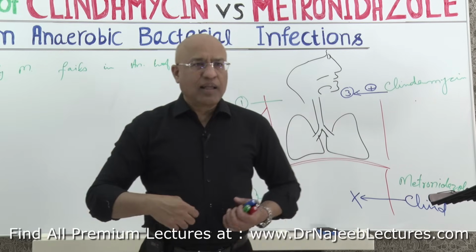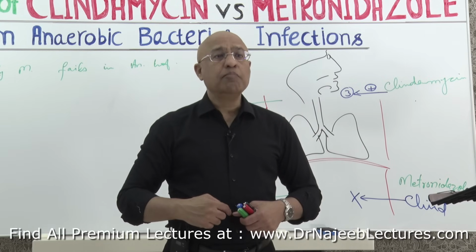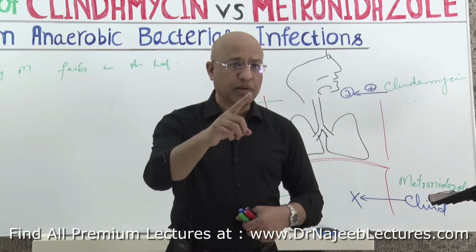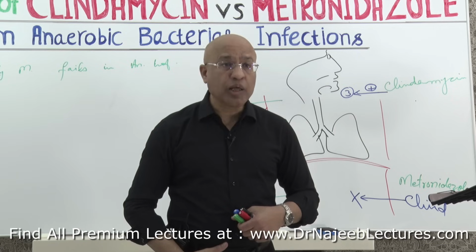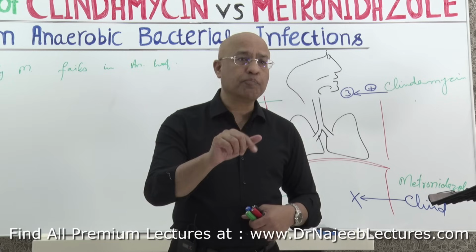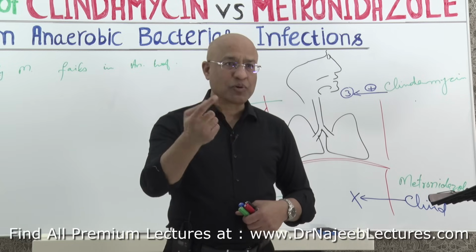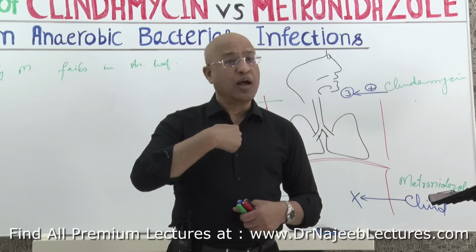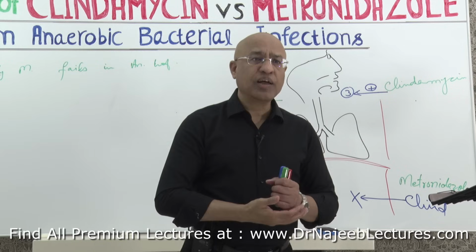Now we have to answer why metronidazole fails above the diaphragm, especially as a monotherapy, and why it is more successful below the diaphragm compared to clindamycin. Then, why clindamycin is more successful above the diaphragm and why it fails below.